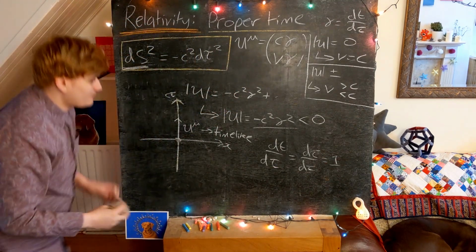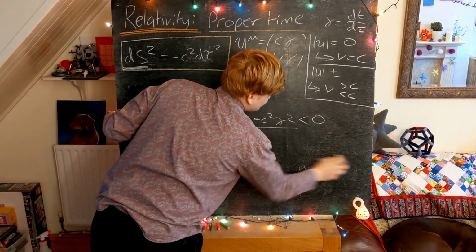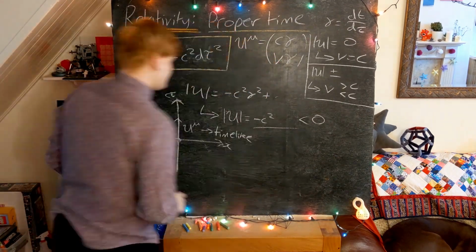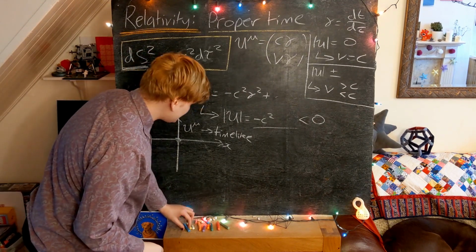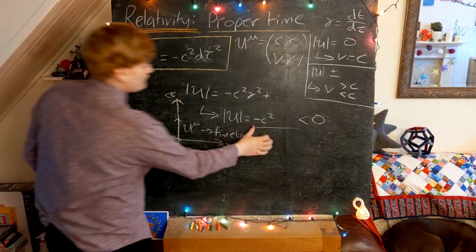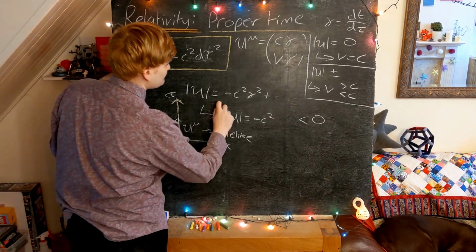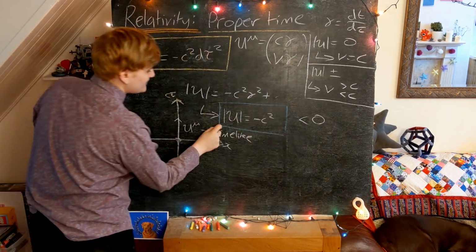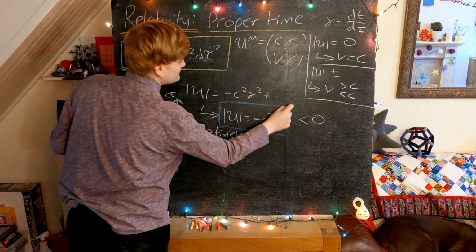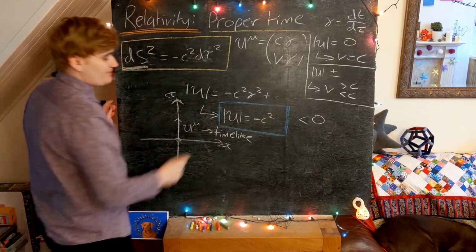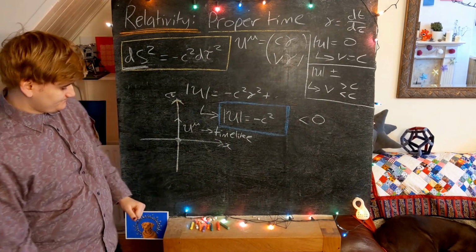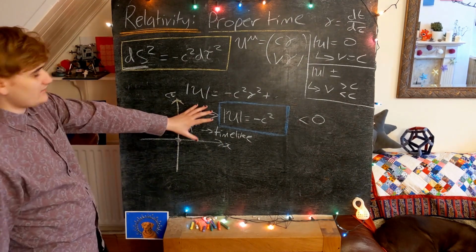And so we can just remove the gamma squared entirely and arrive at the incredibly useful formula, or the realisation that this fall velocity vector, its length, is effectively always fixed to be equal to minus c squared.